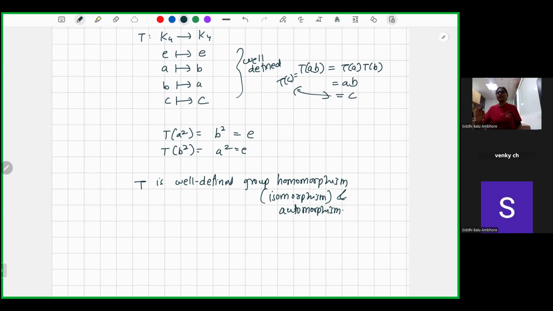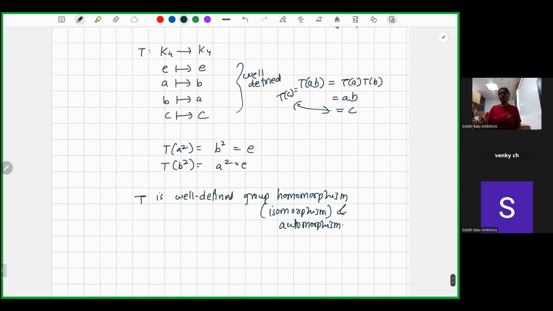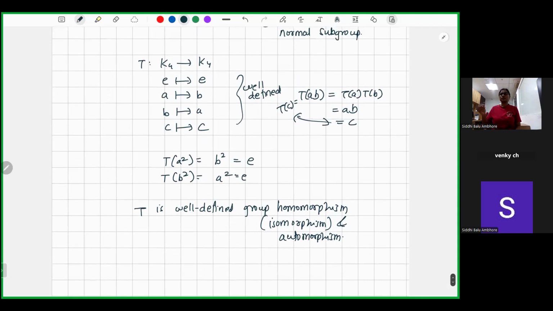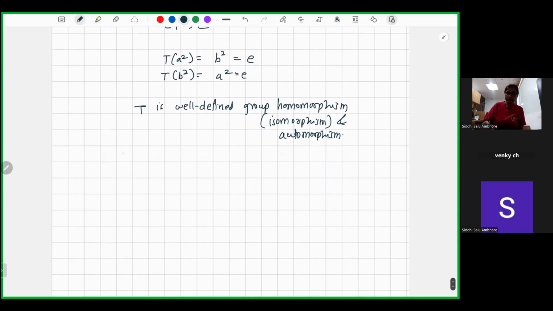Okay, so T satisfies all the properties. So can you give me one? We can take H to be {E, A}, which is normal because we are in an abelian group.